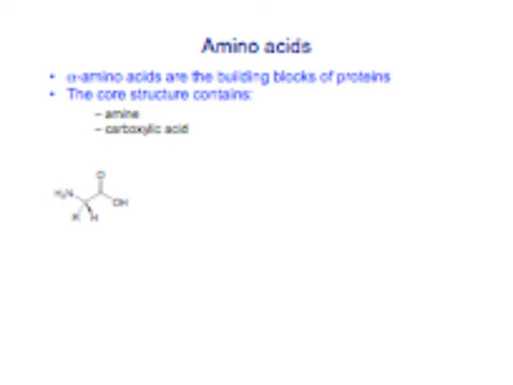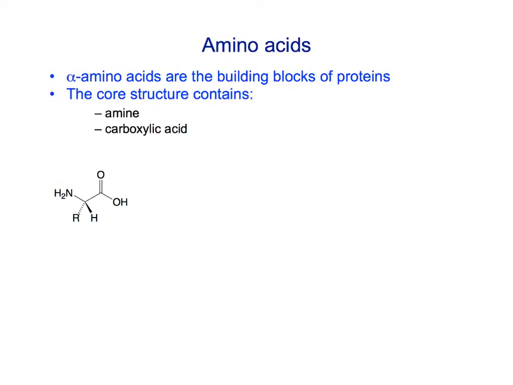And there's 20 common amino acids, and they differ in what this R group is right here. So there's 20 different R groups. Simplest is just an H. We can have alkyl chains, we can have carboxylic acids, we can have aromatic groups, we can have a whole bunch of different groups on there. So that's how they're all different.